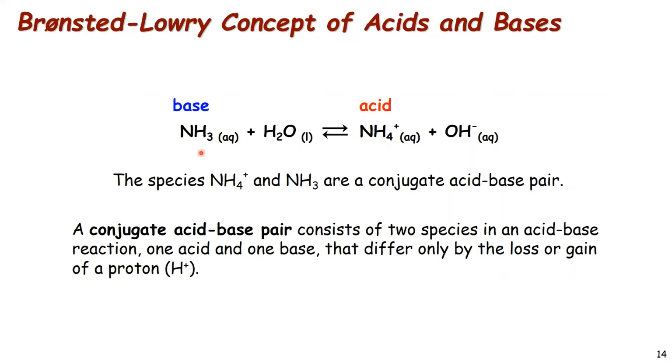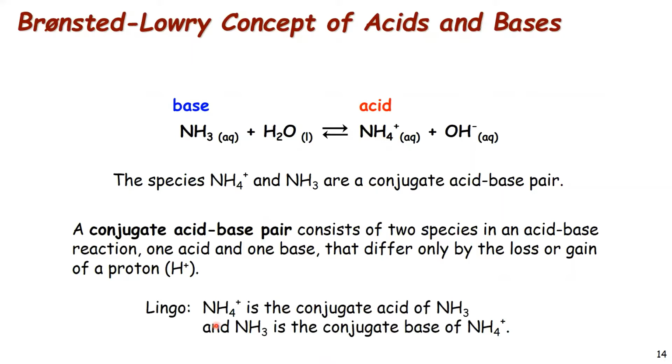It is literally that simple, okay? Now you're going to see some molecules along the way where you're going to want to do other things. Don't, okay? Again, it is just a difference in H plus. So the lingo would be that NH4 plus is the conjugate acid of NH3, or you could say that NH3 is the conjugate base of NH4 plus. Okay, so these are conjugate acid-base pairs.